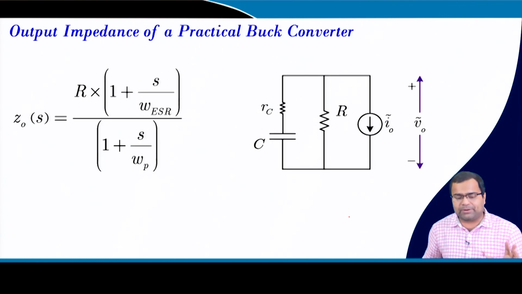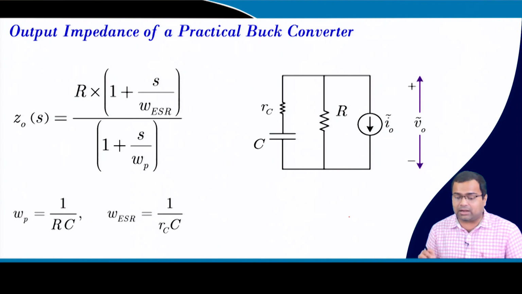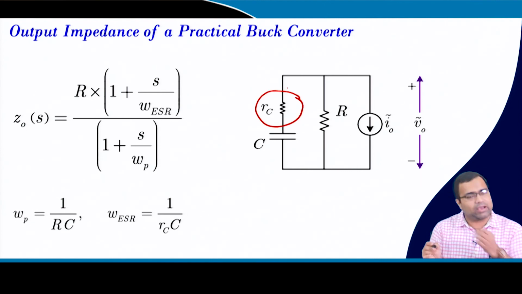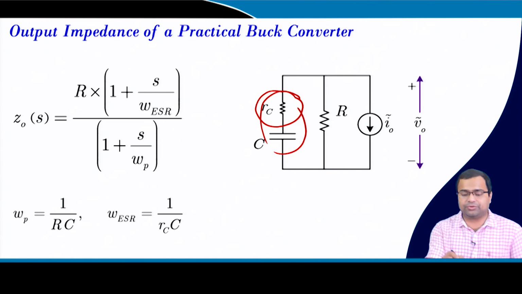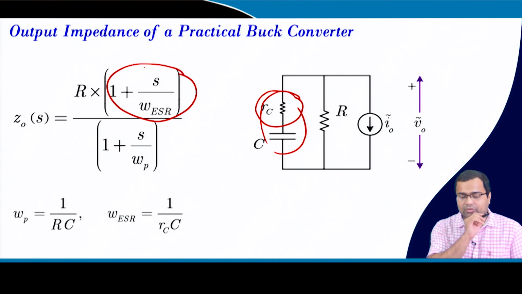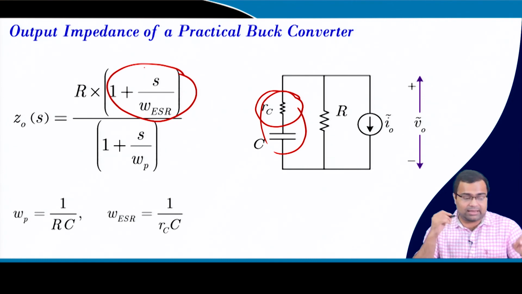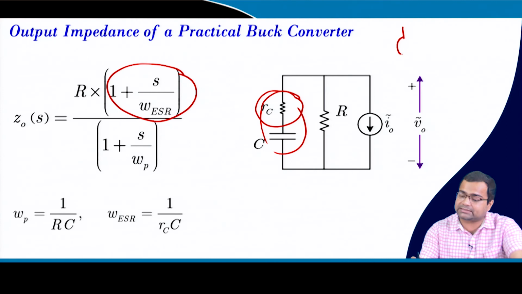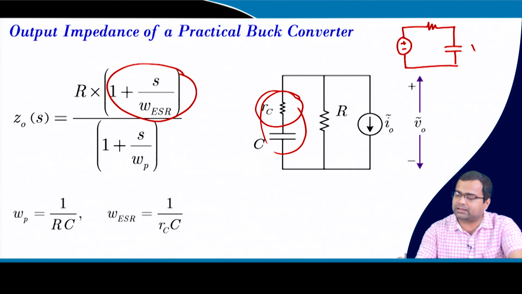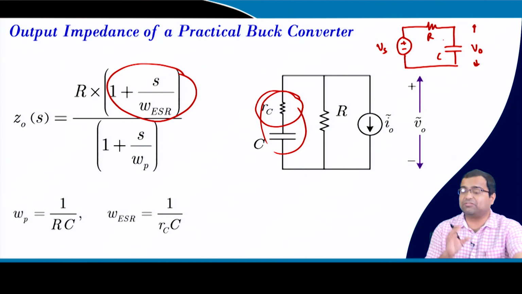So, for the output impedance of a practical buck converter, one ESR will be added, and whenever you have an ESR with a capacitor, this will definitely introduce a zero, and that is exactly what is coming. Suppose you take a simple source, and you take the output across this supply and obtain the transfer function between V0 and Vs, you will get only a single pole, no zero.